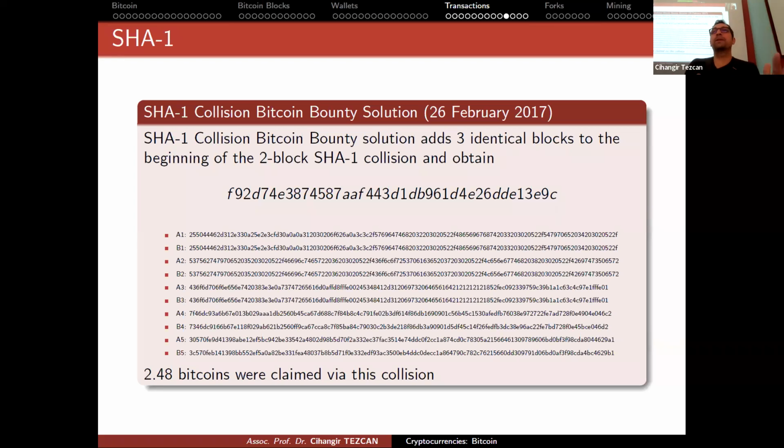Now everybody knows the solution to this problem, so everybody can withdraw it. If you go to this address, you will see that thousands of transactions were made to it. People added small amounts of Bitcoins, which total 2.48. But at this date, somebody withdrew all of them.